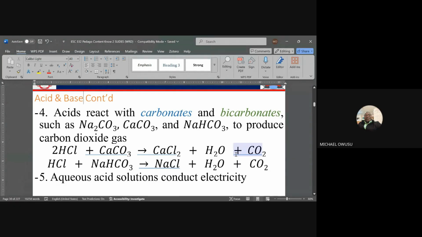Do acids react with metalloids? Yes. One thing is that metalloids or semi-metals have properties of both metals and non-metals, and their reactions with acid vary. They vary depending on the specific element and the specific acid you are using.